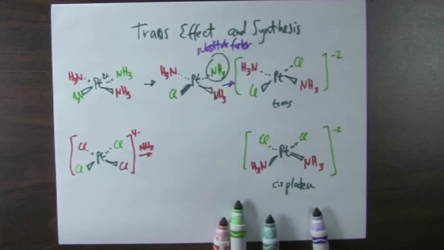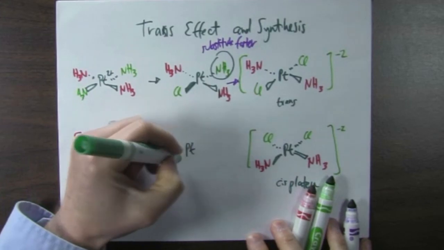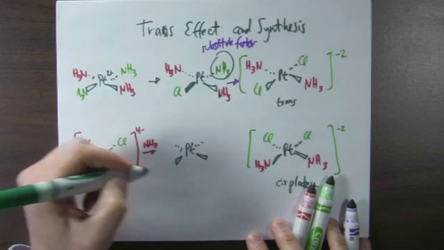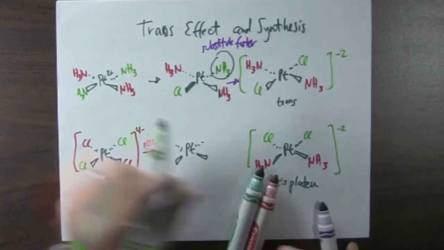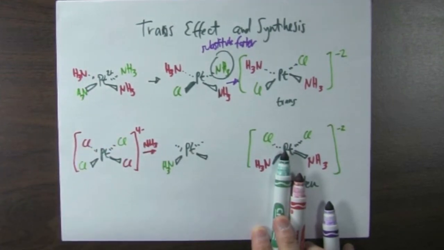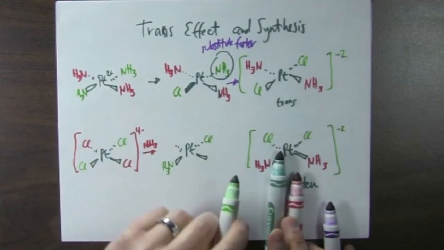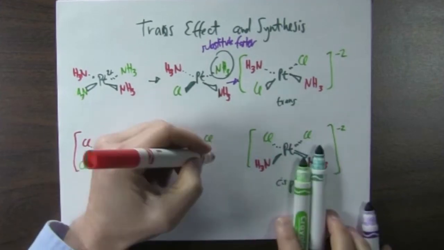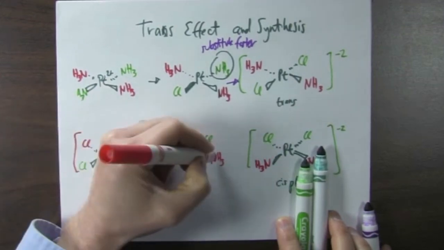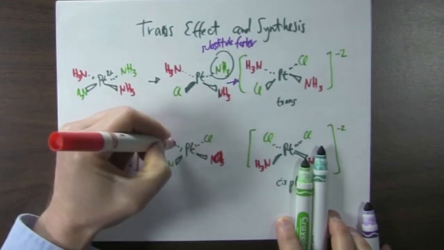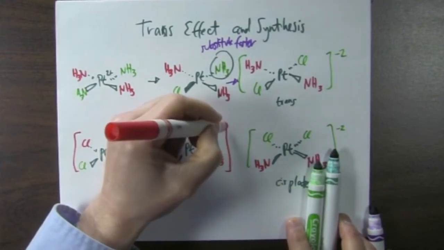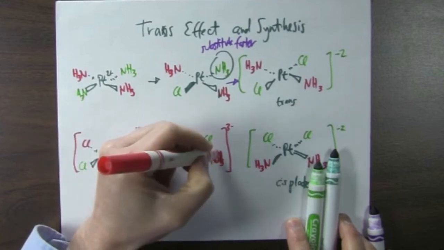Just to be consistent with the picture up above, I'm going to substitute this lower right with the ammonia. Oh wait, these are all still chlorides. Oops. Okay. So this would be a 1- charge complex. This is a chloride here.